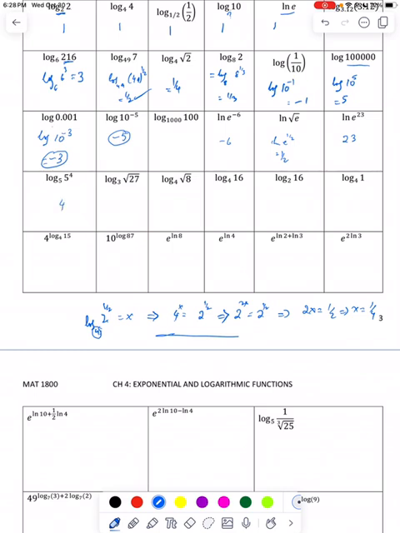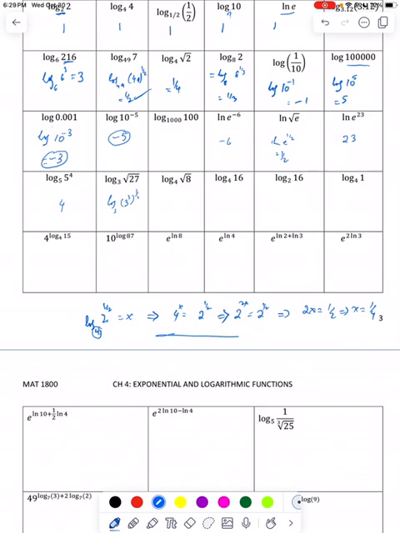Next one, log of the square root of 27 to base 3. Now, what is 27? 27 can be written as 3 cubed, and then you have the power of 1/2 on top. So what is the power on 3? 3 over 2. So the answer will be 3 over 2.